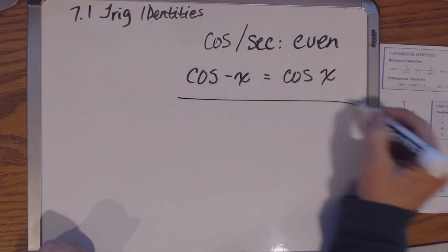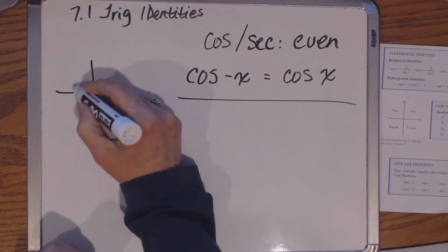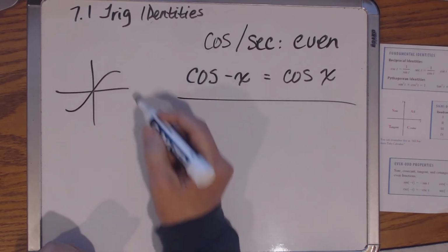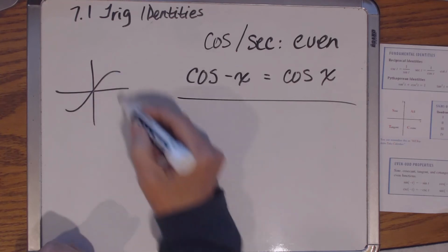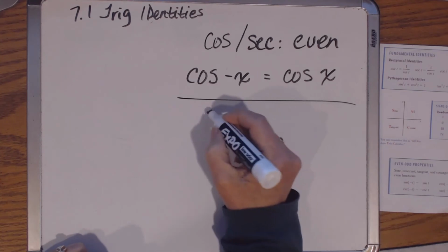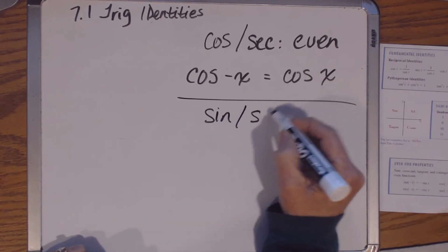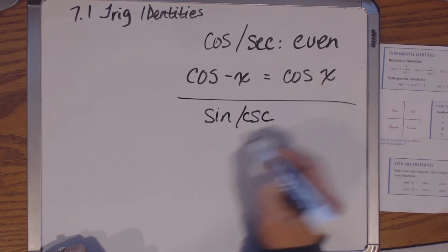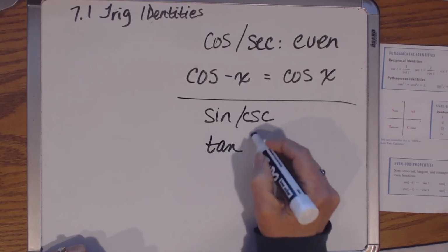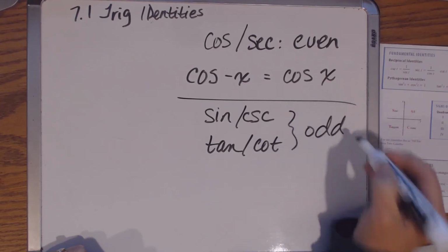However, sine and tangent, again, these are graphs that go through the origin, right? They're symmetric to the origin. Therefore, sine and its reciprocal, cosecant, and tan and its reciprocal, cotan, are odd functions.